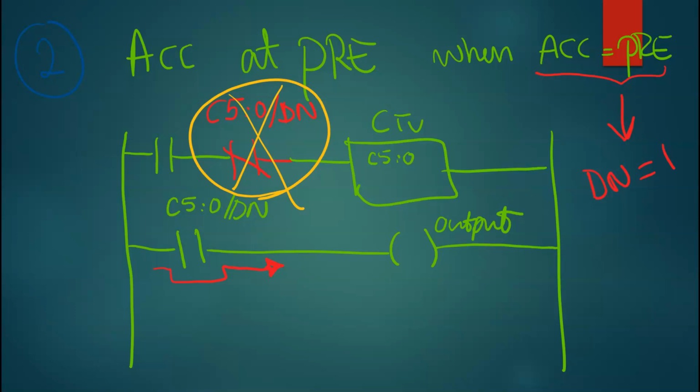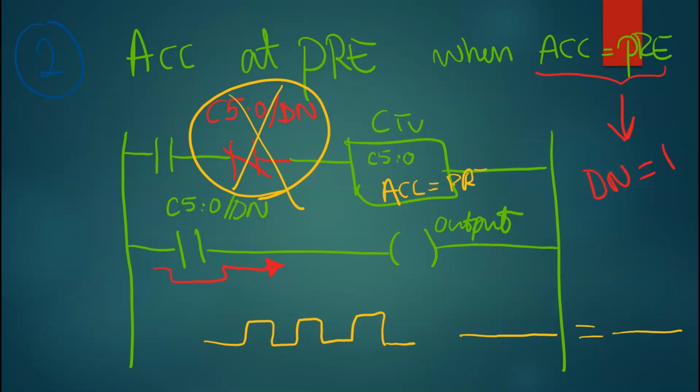You know that if I have a signal like this, and this signal is in series with this one, because they are in series, the result is going to be this. So my counter won't be able to see any of these transitions anymore, so the accumulator value will remain equal to my preset value and it won't be greater than that anymore.